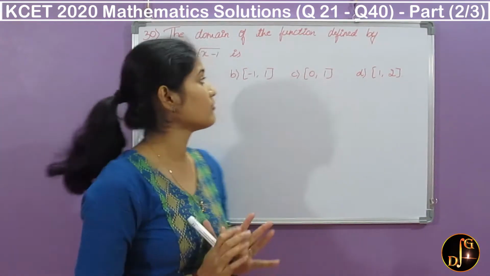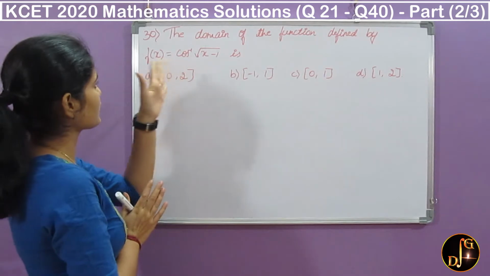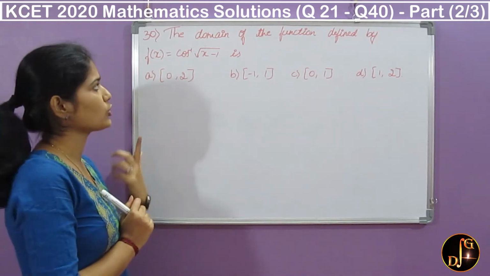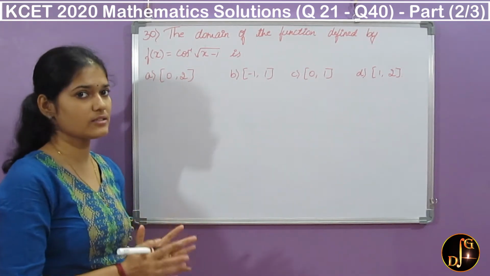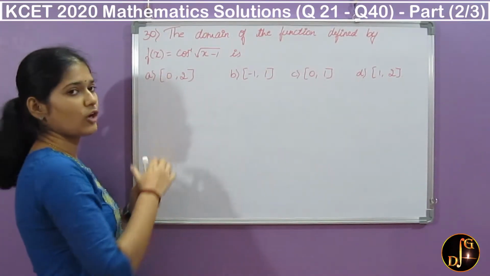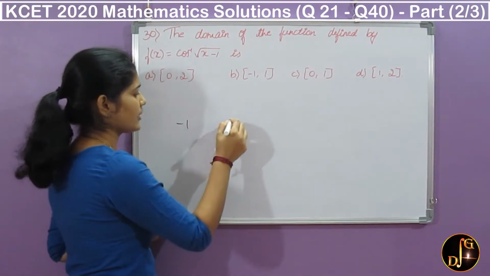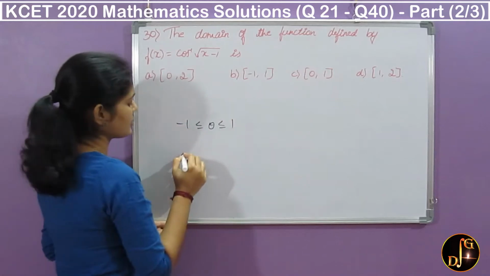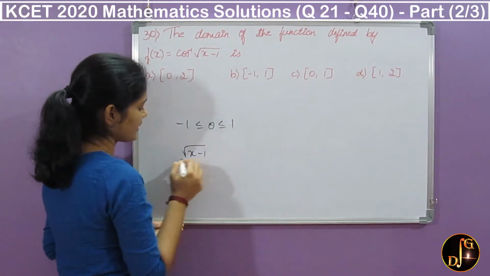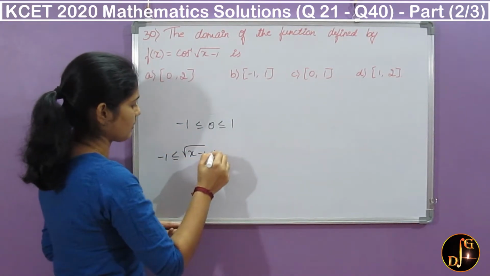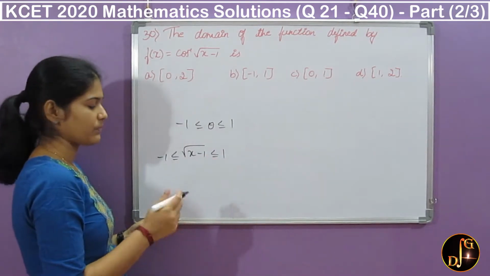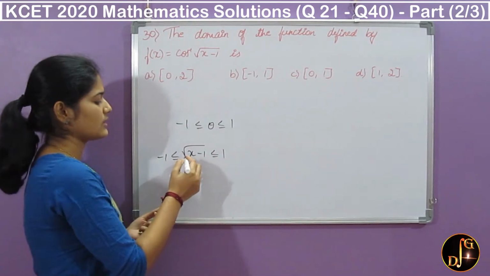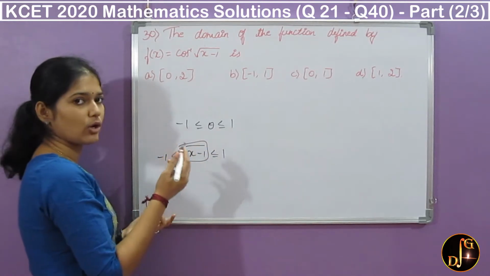In this problem, we have to find the domain of the function f of x is equal to cos inverse of root x minus 1. We know the domain of cos inverse, right? That is -1 to 1. That means we should have -1 less than or equal to root x minus 1 less than or equal to 1. But the square root must always be positive.